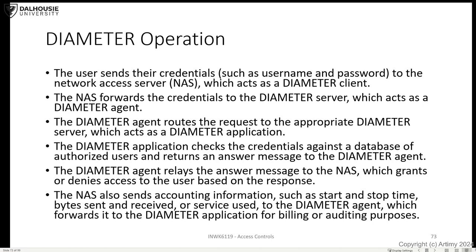So now we have three pieces, right? And the Diameter application checks the credentials against the database and then grants or rejects the permission. And the agent relays the answer back to the NAS, which also responds to the user.